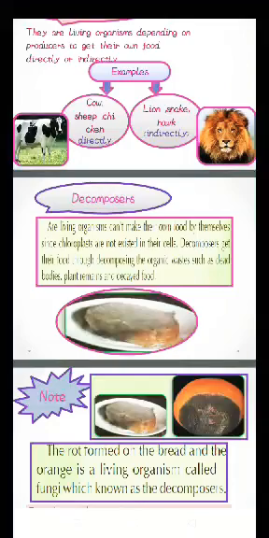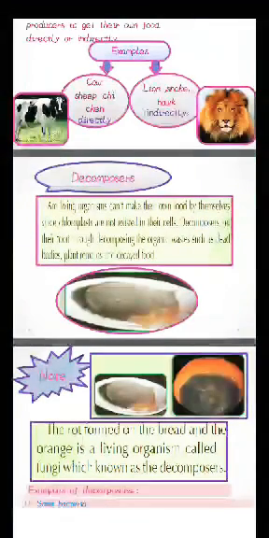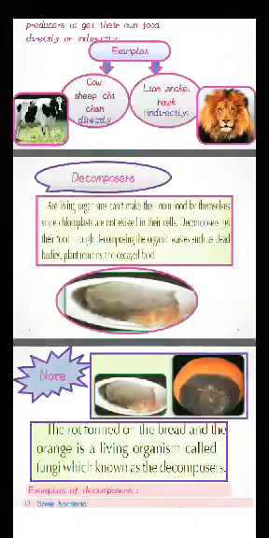Such as some types of bacteria, like yogurt bacteria, and some types of fungi, like yeast fungus and bread mold fungus. Bread mold fungus decomposes bread to get its food.